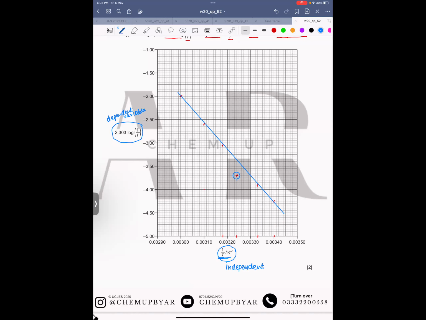If you see on x-axis, this point has to be plotted over here, which is indicating that one possible error is that the temperature at which the reaction is performed is lower than the temperature that we have recorded. Is this clear? Yes, sir.